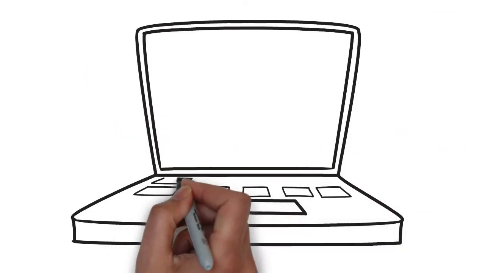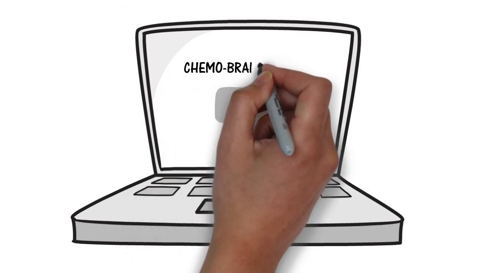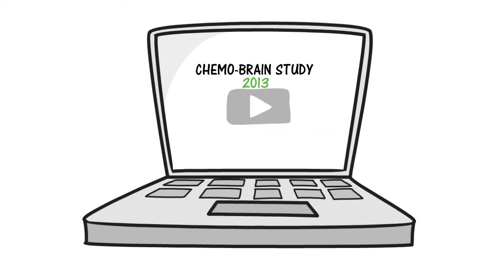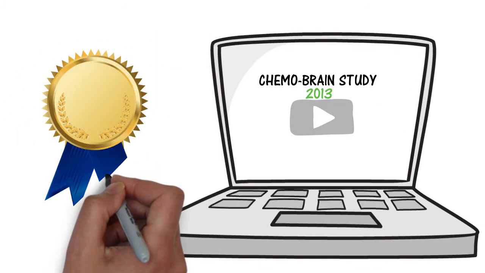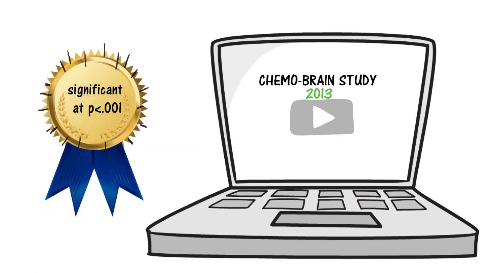Here's another source of data. You may have seen the video on our chemobrain study that was published in Integrative Cancer Therapies in 2013. Almost all of the measures in that study were significant at the 0.001 level, which is the gold standard for research.